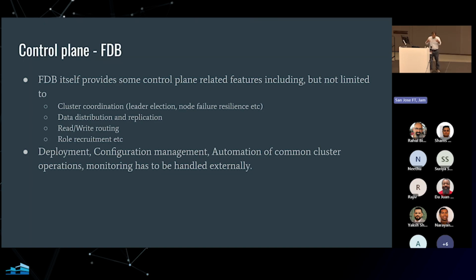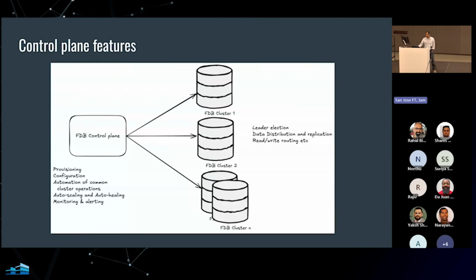The rest of the stuff that we're talking about in terms of deployment, configuration management, automation of cluster operation, monitoring, all that is done on top of it, outside the core KV. This is a simple picture that explains that anything that is outside the FDB cluster provides the control plane features.